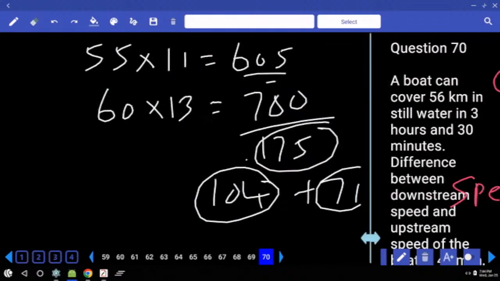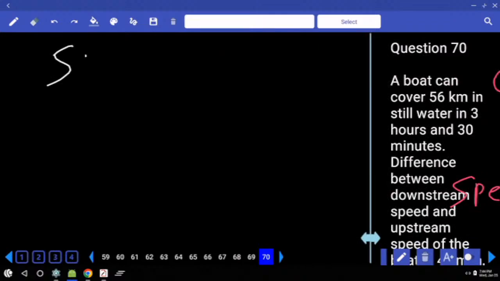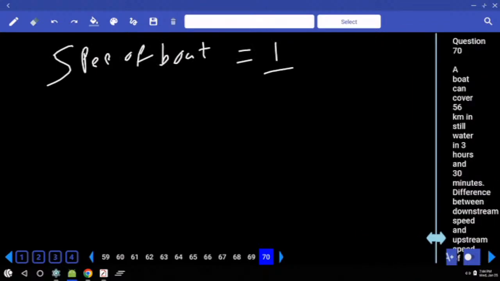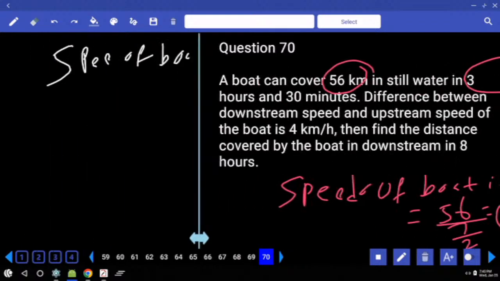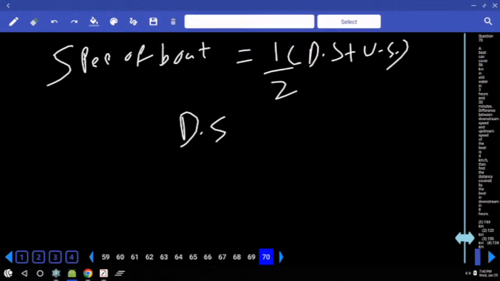But we all know speed of boat in still water is given by the formula half into downstream plus upstream speed. Yes or no? ఇది మీరు పెట్టుకోండి డేటా. Now next come to the question again. Difference between downstream speed and upstream speed of the boat is what? 4 kilometers per hour. అంటే DS minus US is what? 4.